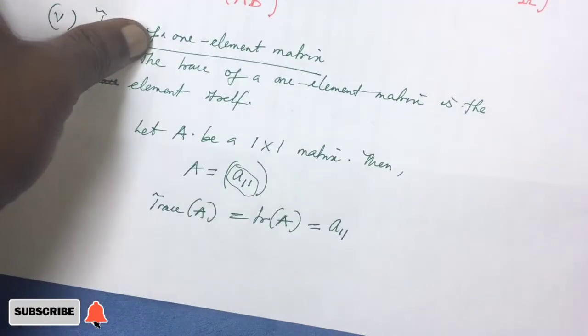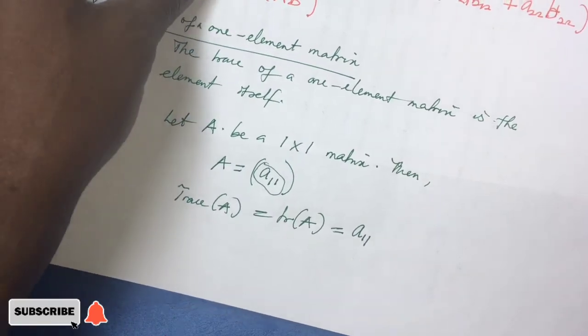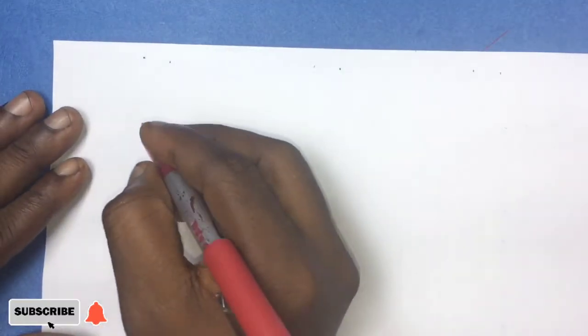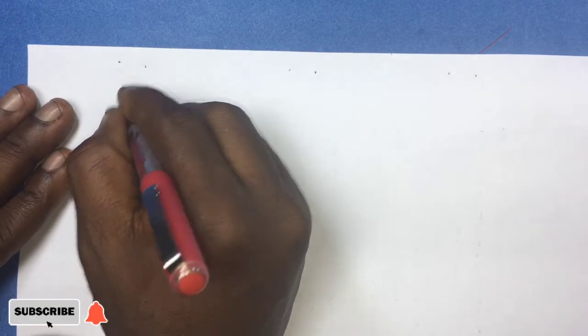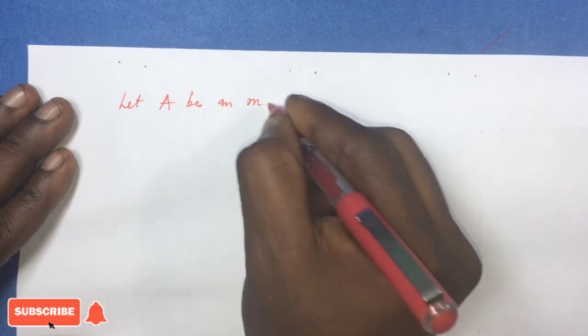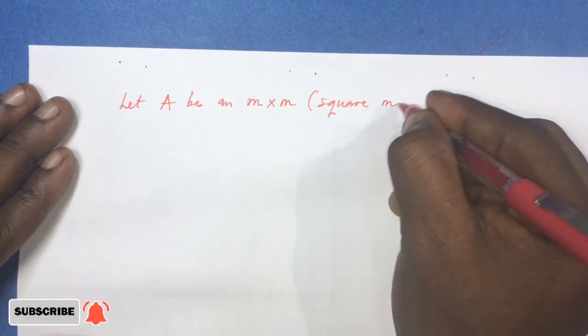Okay, now the final thing which summarizes this video on trace of a matrix is what I want to describe now. So to summarize, let A be an M by M square matrix.